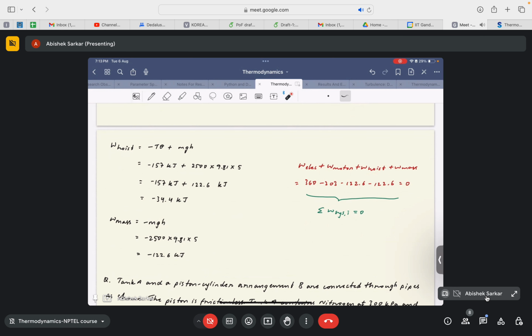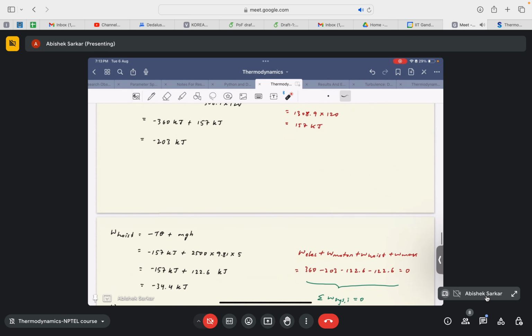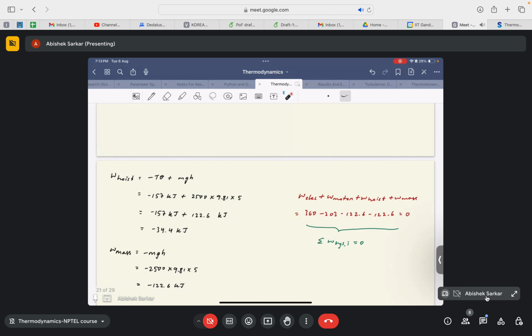If we sum up all these work interactions, the first one was 360 kilojoule, the second one was 203, for the hoist mechanism it was minus 34.4, and then minus 120.6. If you sum up all these work interactions, you will find that the sum of all the work interactions for the systems would be equal to 0. Okay.